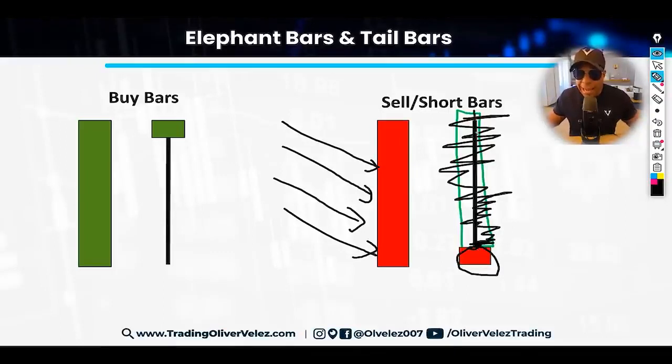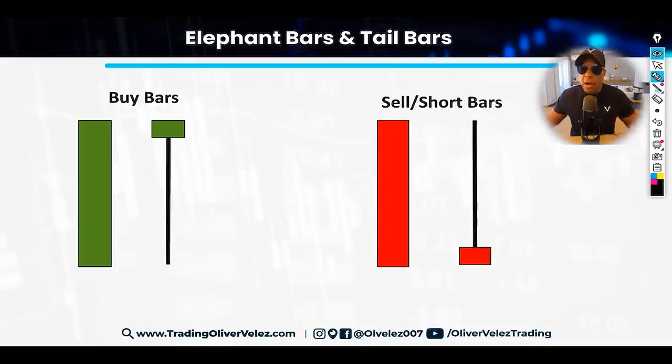So the bears came back to wipe out the bulls. So these two bars are very meaningful in the markets, and you need to become an expert not only at identifying them, you've got to become an expert at playing them.